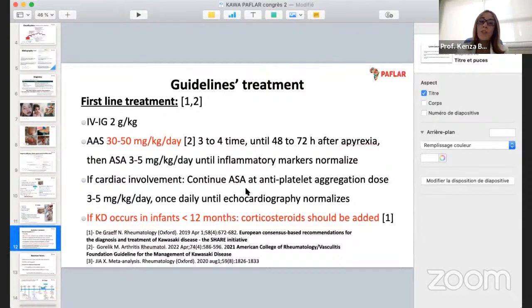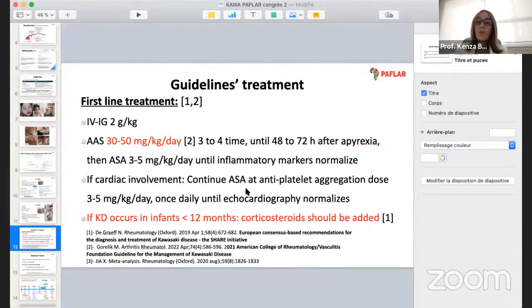Ils ont retenu finalement 8 articles qui totalisaient 12 000 patients Kawasaki. Les auteurs concluent que, quelle que soit la dose d'aspirine, modérée ou élevée, l'impact sur les coronaires est identique, avec par contre un bénéfice très évident en matière de tolérance.